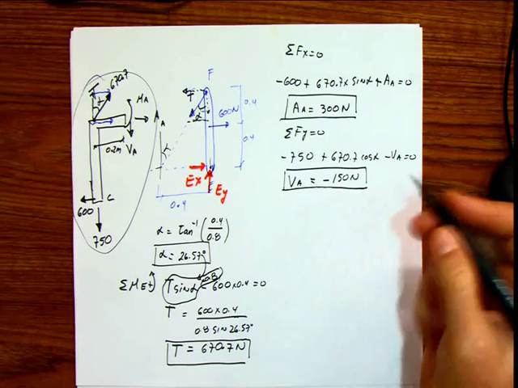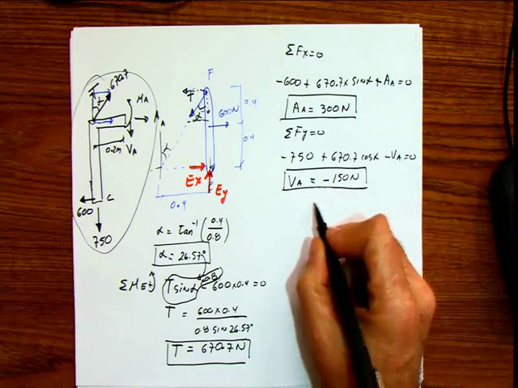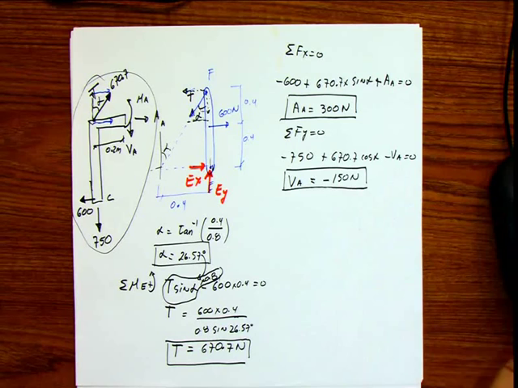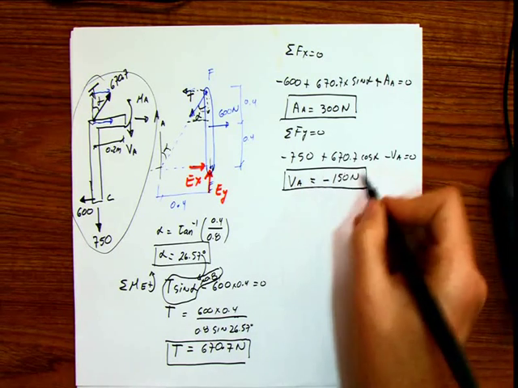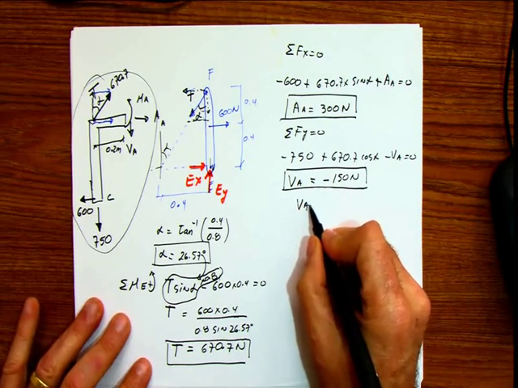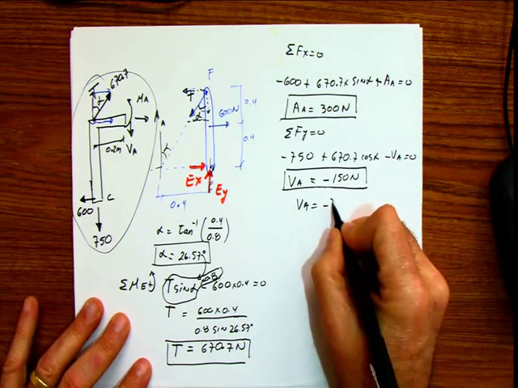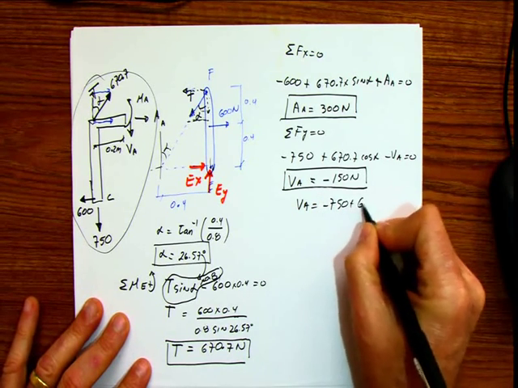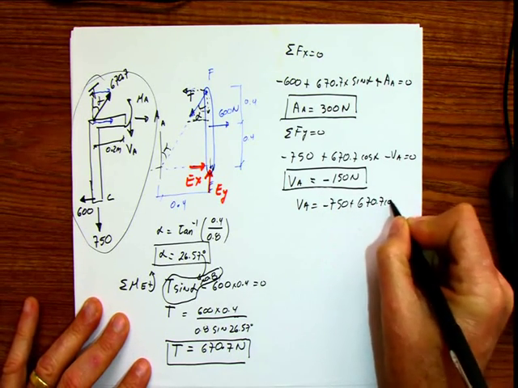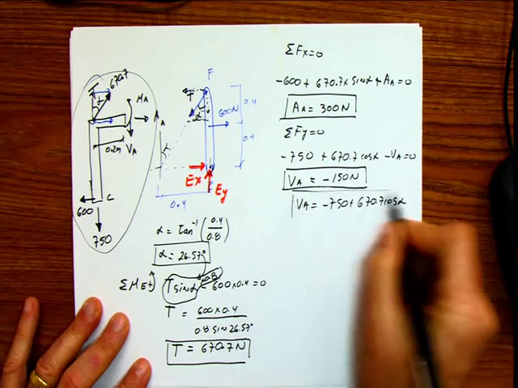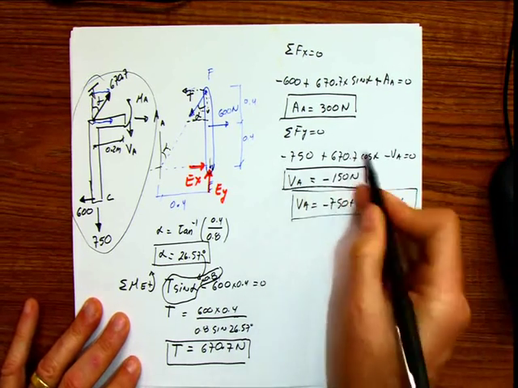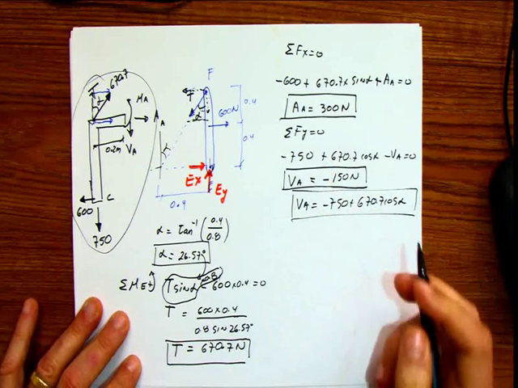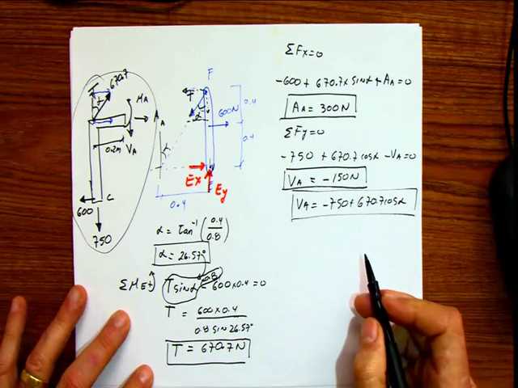It doesn't matter that you think that you know what you're doing. Solve for VA and pass it to the other side and try to solve it, and then apply, say VA equals, pass this to the other side, negative 750 plus 670.7 cosine of alpha, and then solve it, instead of solving it here, because I know that most of the time you forget to pass it to the other side.